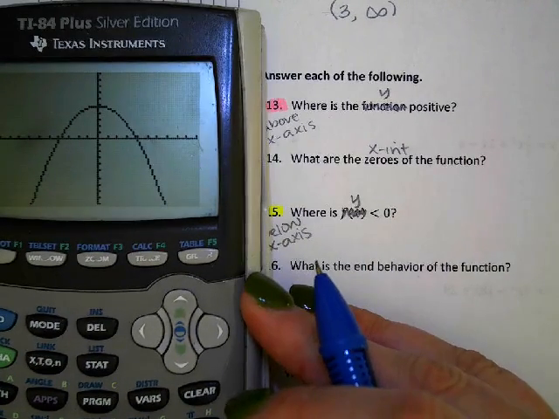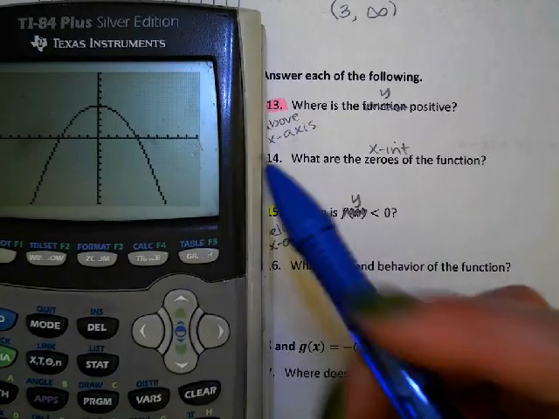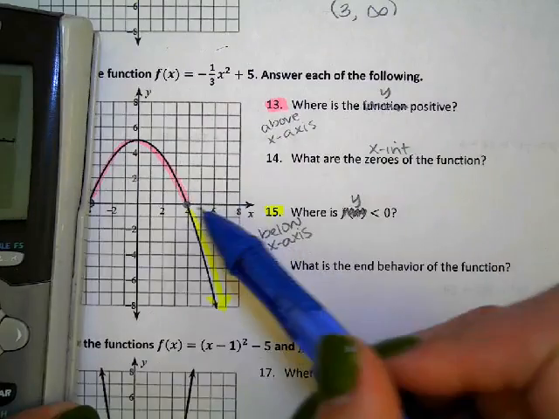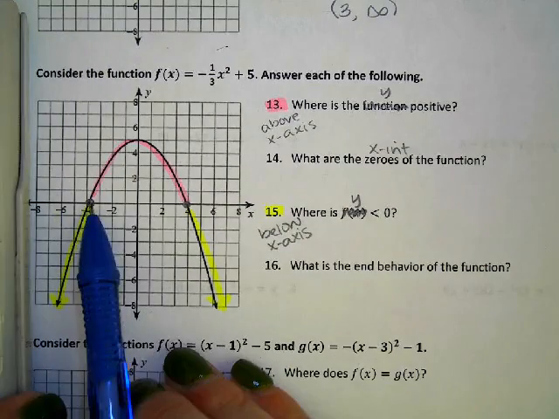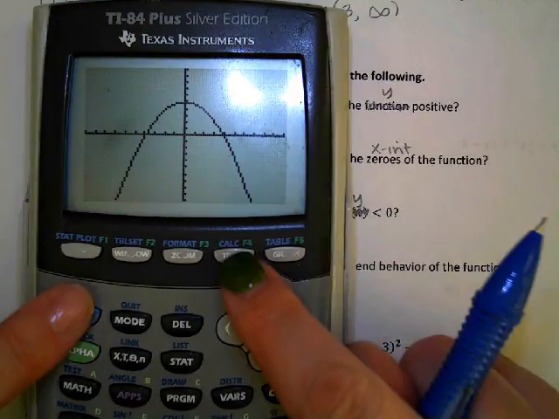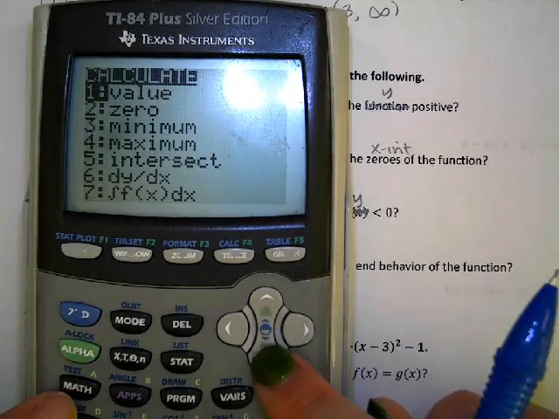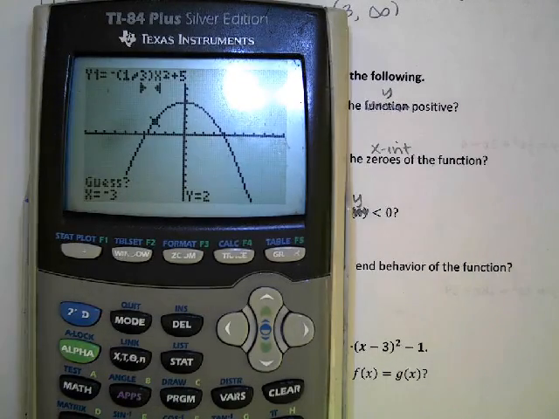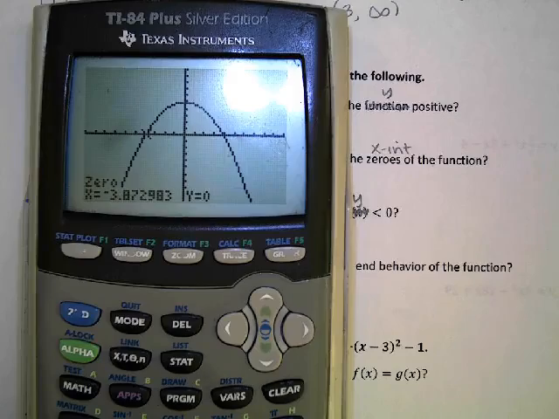Okay, zeros of the function. So one of the zeros is over here. It's very close to 4, so it's between 3 and 4. The other one is very close to -4, so it's between -4 and -3. So second trace, number 2, left bound is -4. Right bound is -3. The guess is silly. Okay.